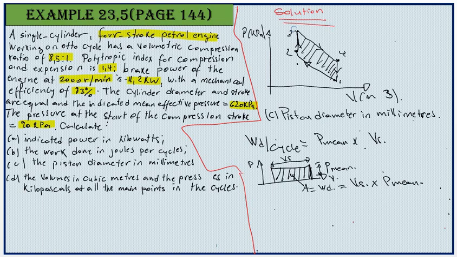But if you look at this one, we have different pressure at all the corners. But these two graphs are similar in the fact that they have the same area. So the area inside that shape is the same as the area inside this graph. But I can't use this one because I only need one pressure.